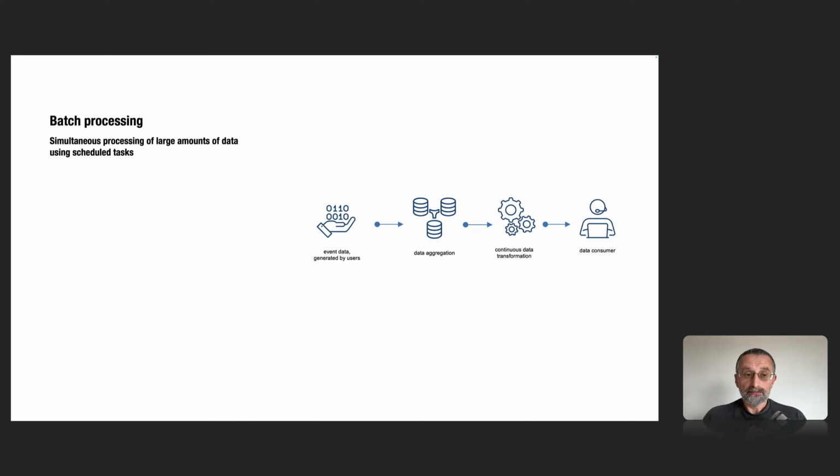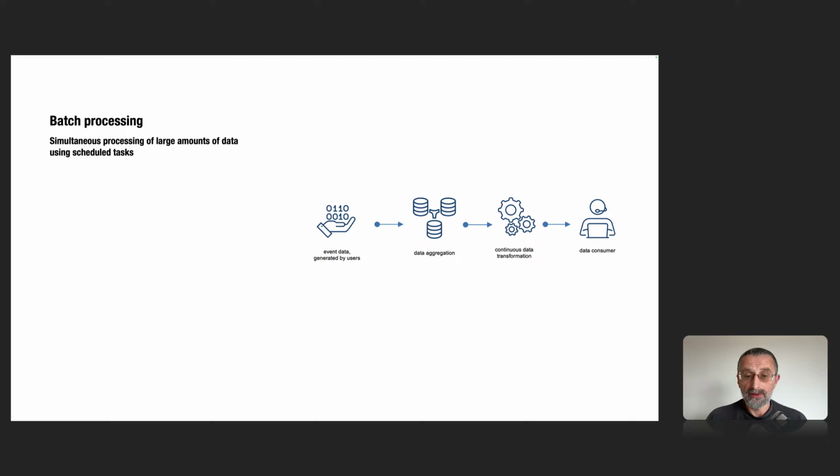So we have different ways of processing. The first one is batch processing, which is simultaneous processing of large amounts of data using scheduled tasks.